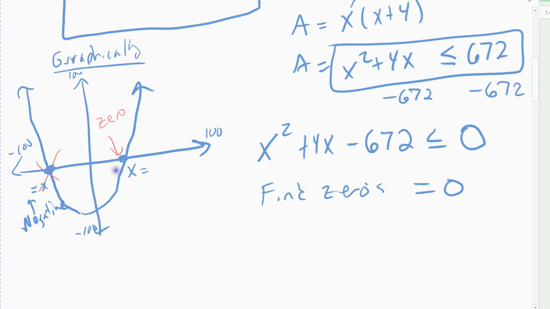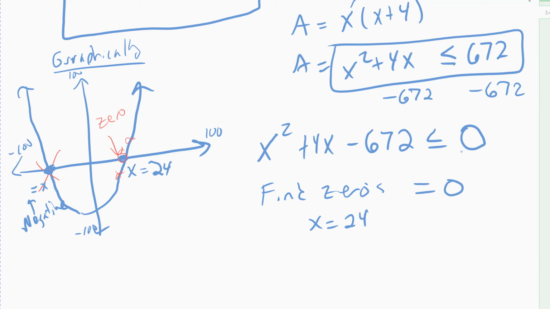So again, remember the calculator asks you to go to the left, the right, then guess. And so on the calculator it should give you the answer 24. And so the 0 is 24. That's just the 0 where it's actually equal to the 672. It's equal to 0.